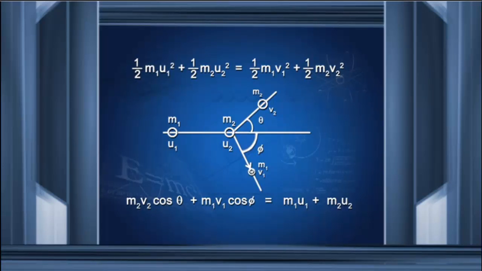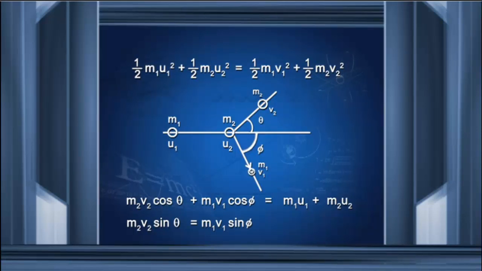Likewise, momentum in the vertical direction, where it was not existent earlier, the final momentum here would be m2 v2 sine theta, which would be equal to m1 v1 sine phi, because the sum of these would be equal to 0.